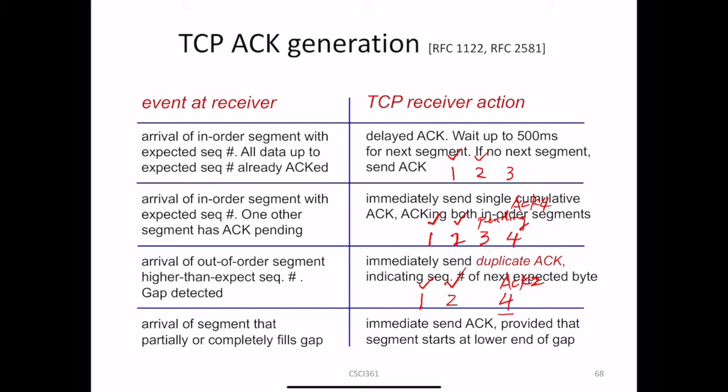Then let's see the last event and action pair. The event is arrival of a segment that partially or completely fills a gap. The action is to immediately send ACK, provided that the segment starts at the lower end of the gap. The example is still segment 1 received and ACKed, segment 2 received and ACKed, segment 4 received, and the duplicate ACK already sent back.